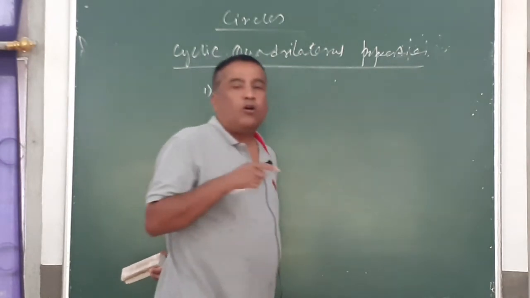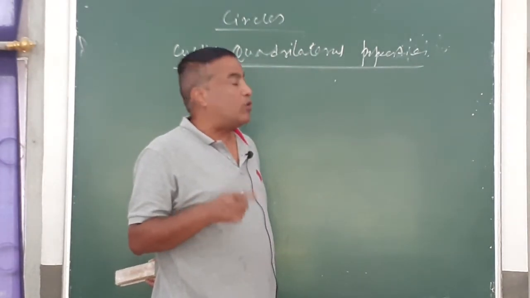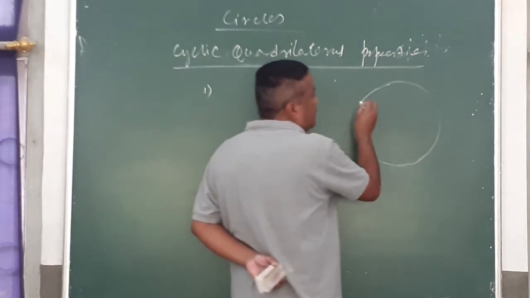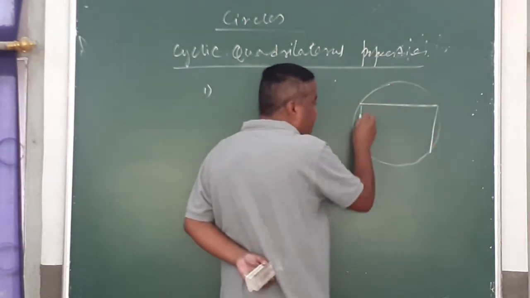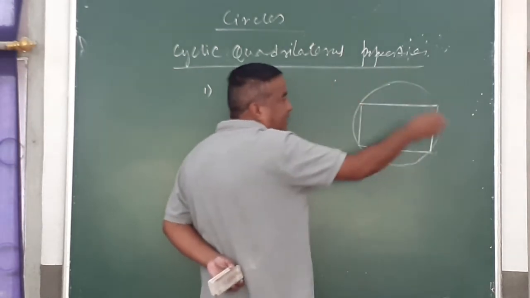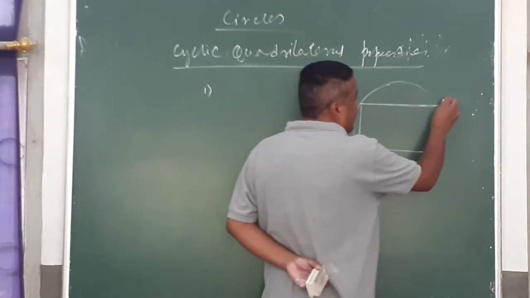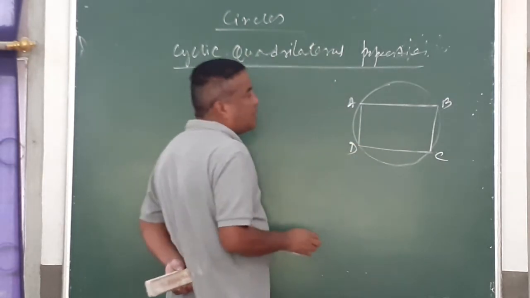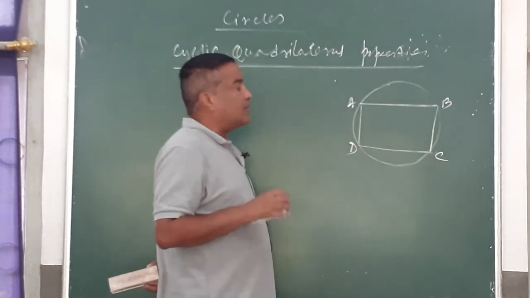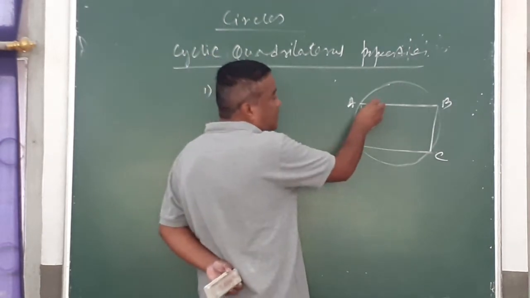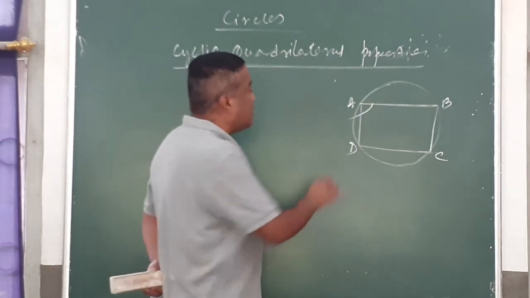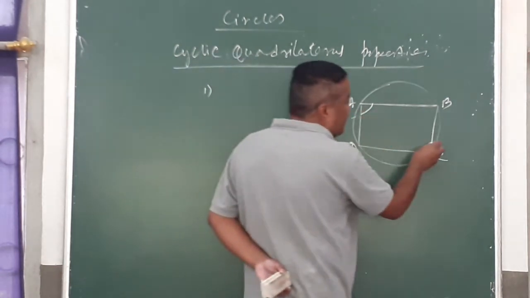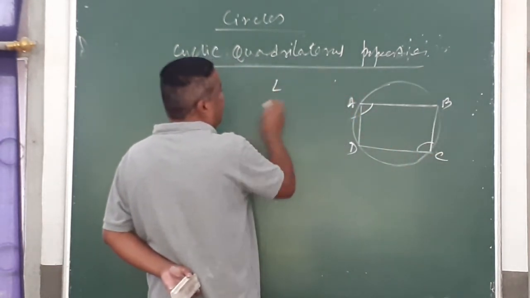What did I say? Opposite angles of a cyclic quadrilateral sum to 180 degree. Suppose this is a circle and this is a quadrilateral, this is called a cyclic quadrilateral, this is A, this is B, this is C, and this is D. According to the theorem, opposite angles of a cyclic quadrilateral sum to 180 degree, means angle A plus angle C is equal to 180 degree.